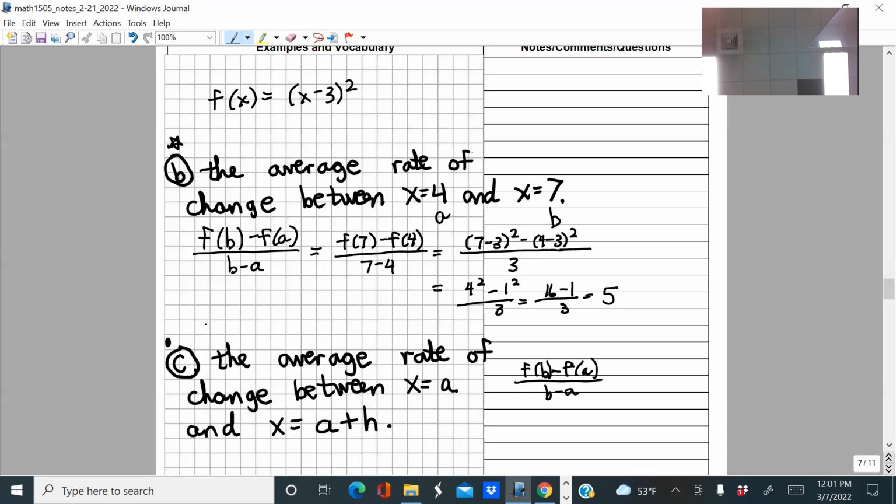So how do we interpret that? We would say on average, and that's really important because this rate of change is not steady, right? On average from x equals 4 to x equals 7, you could say the function f, or the y value, increases, right?